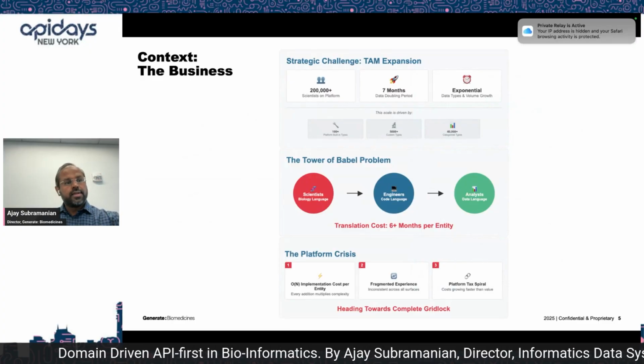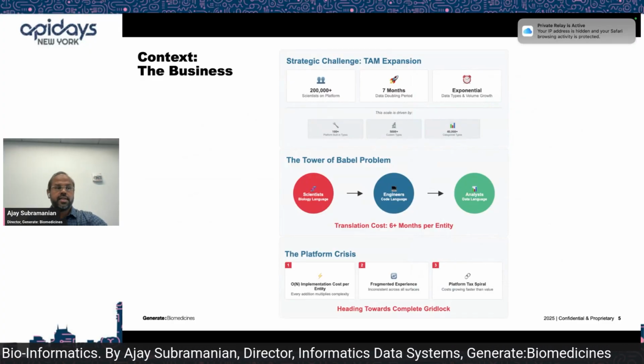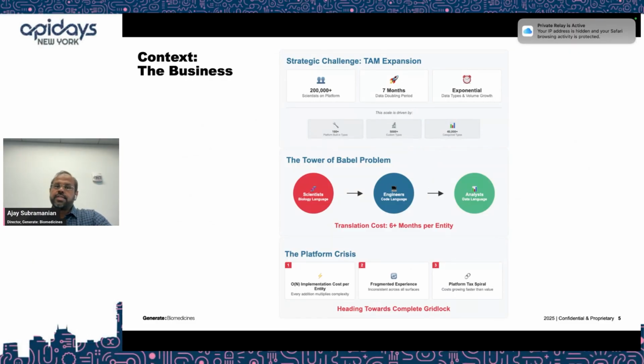So let's build on the context a bit. When I started in the platform organization, we were serving over 200,000 scientists on the platform. Data volume was roughly doubling every 7 months or so. And the diversity of data was also growing due to the novel scientific experiments that our customers were doing.